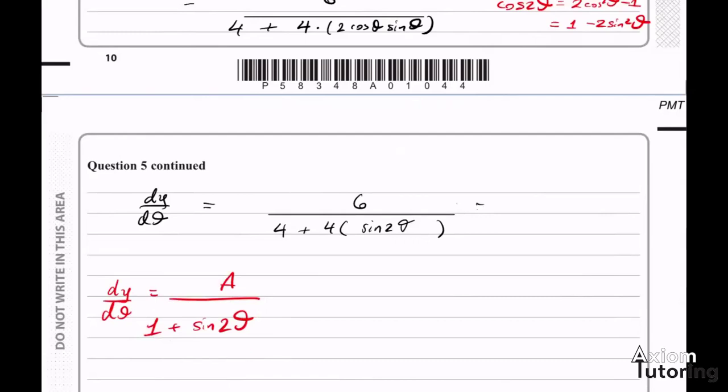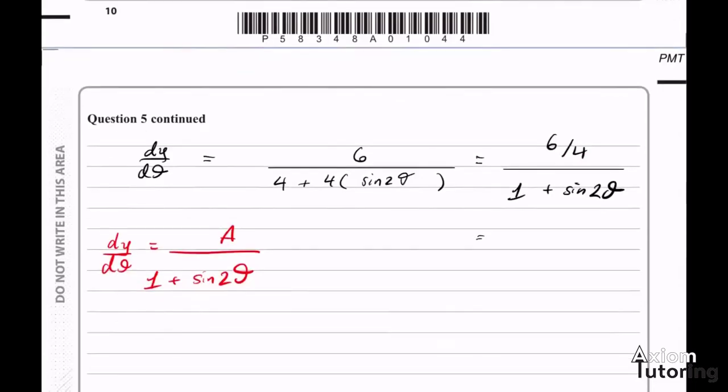So let's do that. So we have 6 over 4 all over 1 plus sine 2 theta. And so our 6 over 4 is actually our a. So here we can just write our value of a equals 6 over 4.